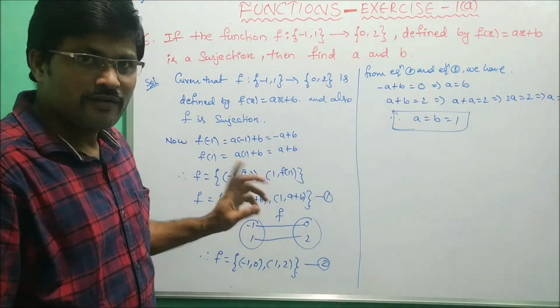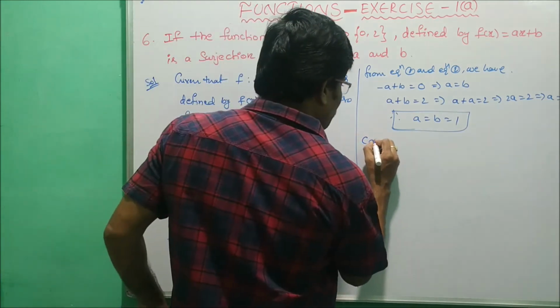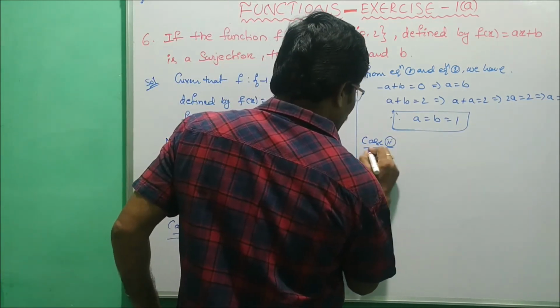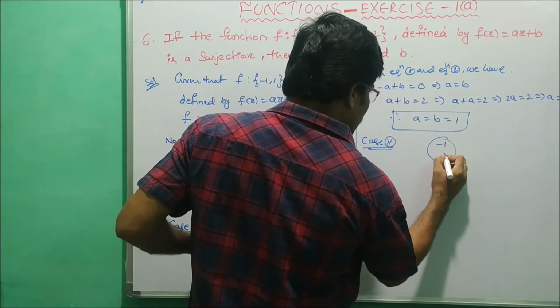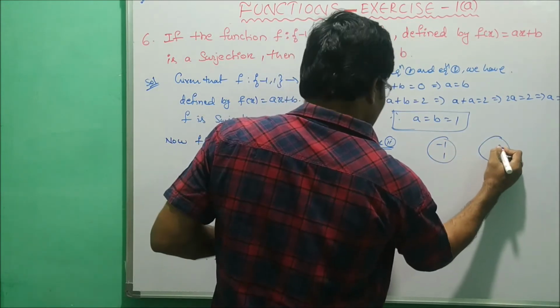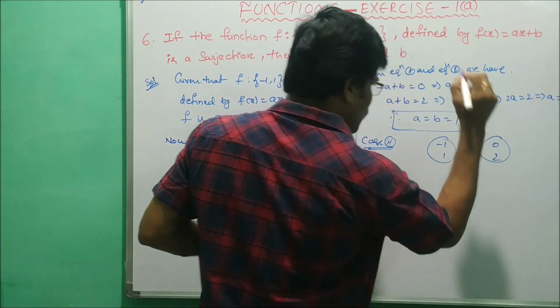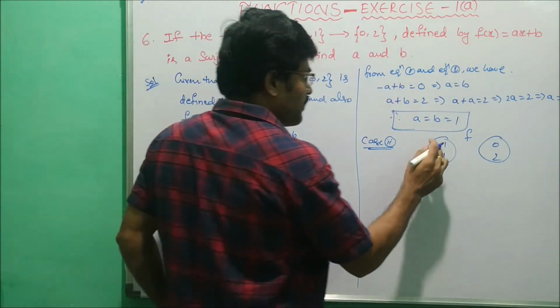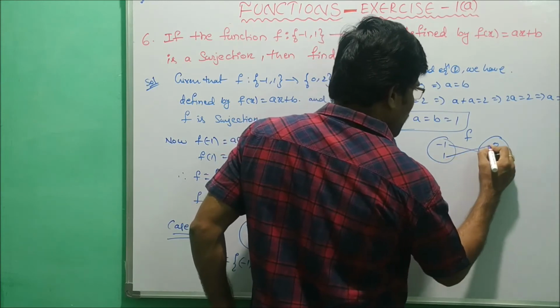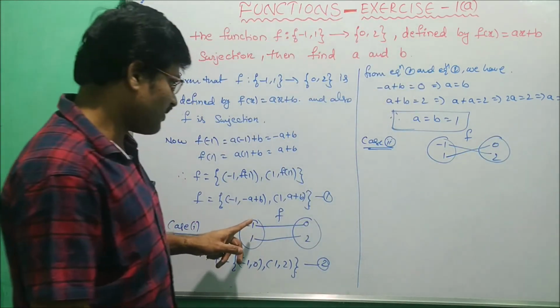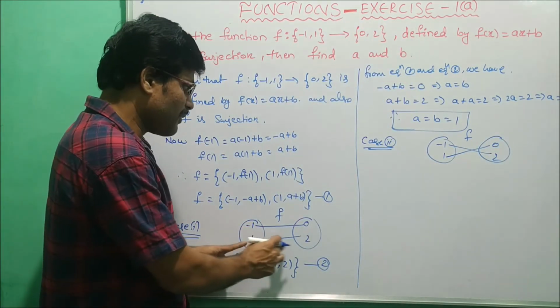Now we take case 2. Here also we take a Venn diagram. This is minus 1, 1, this is 0 and 2. Now here the element minus 1 is mapped with 2 and the element 1 is mapped with 0. In the first case minus 1 is mapped with 0 and 1 is mapped with 2.